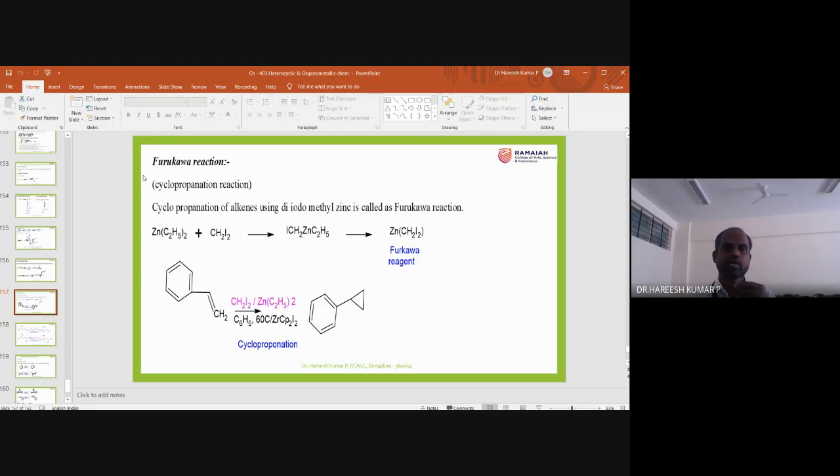So write a note on this name reaction. You should be able to write all these things. Here, what you need to remember is this compound. Its name is methylene zinc.